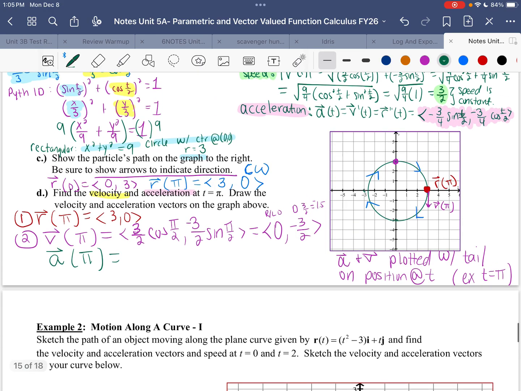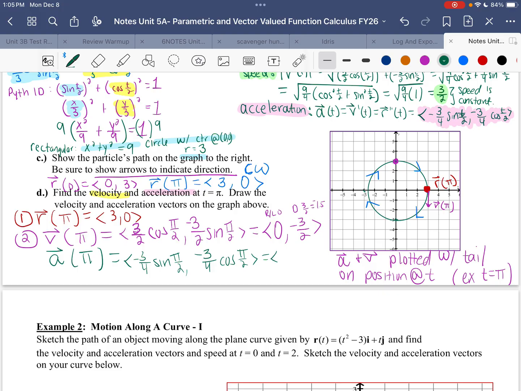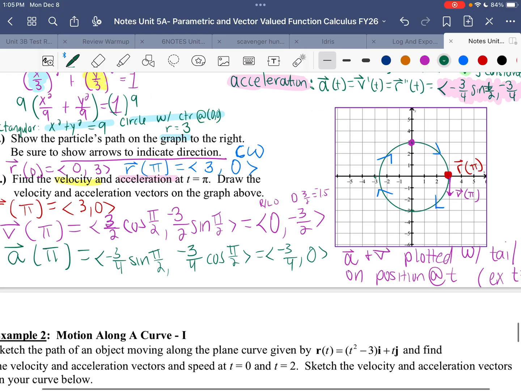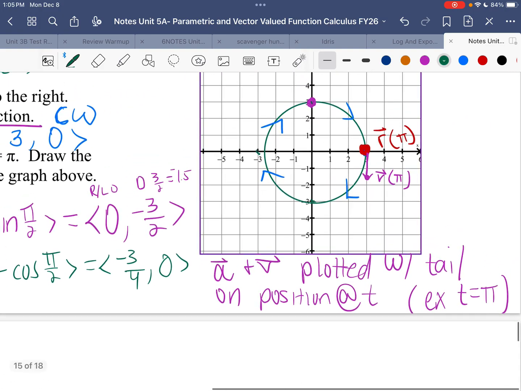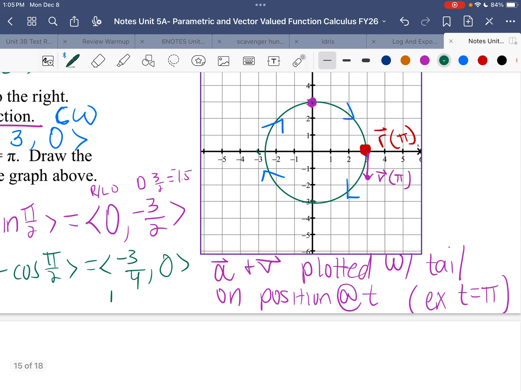Then plugging into our acceleration, we're going to have negative 3/4 sine pi over 2, negative 3/4 cosine pi over 2. Okay, sine at pi over 2 is 1, so we got negative 3/4. Cosine pi over 2 is 0. So again, with our tail on r, now moving to the left 0.75, and up and down 0.